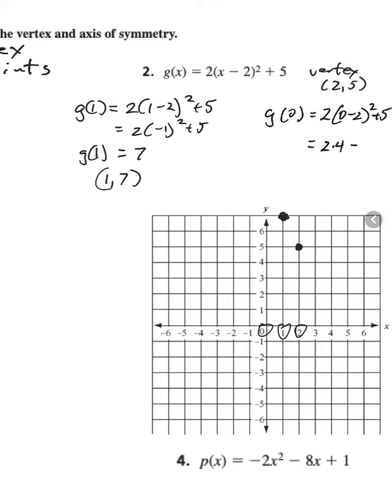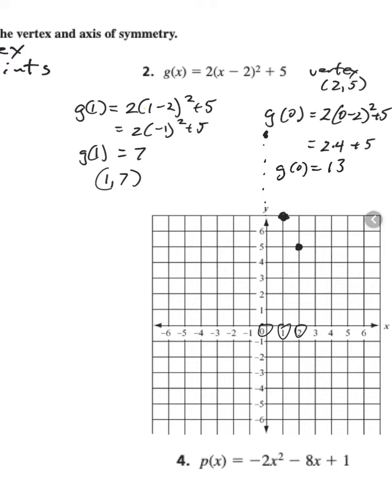Take a moment, make sure that makes sense to you. 2 times 4 is 8, plus 5 will be 13. And just as I predicted, it's way off the graph. I calculated it should be 7, 8, 9, 10, 11, 12, 13, somewhere way up there. Let's go ahead and ignore that.